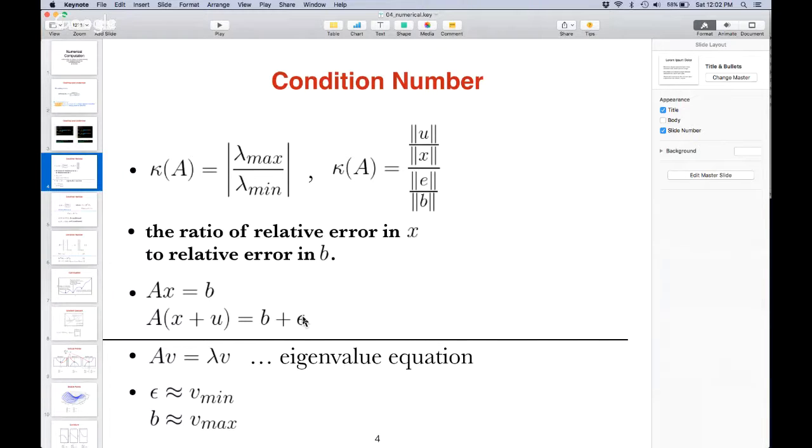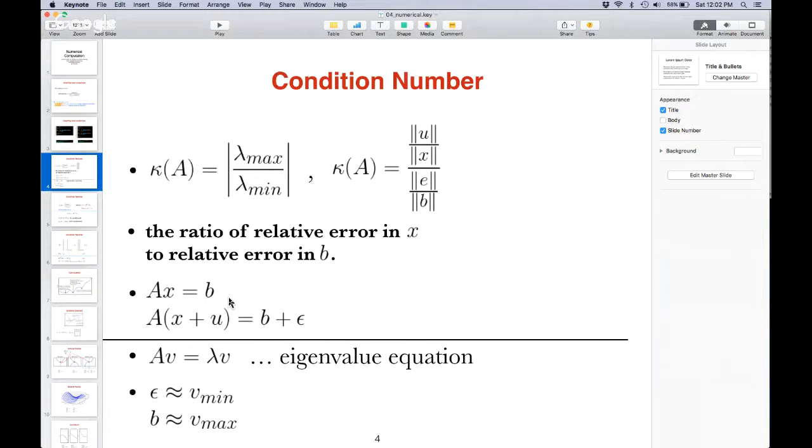And you want to know how this error is going to propagate to your unknown vector. You're trying to solve for x, right? This is what you care about. You know A, and you can measure B. And from the knowledge of A, you want to have a prediction of the magnitude of the error that's going to come out in x.